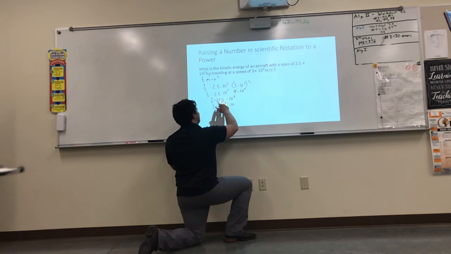And since we moved it to the left, we're going to add a place here. So we're 10 to the 10th. Alright, multiply that by 1/2. You are going to get 1.125 times 10 to the 10th. That is your answer.